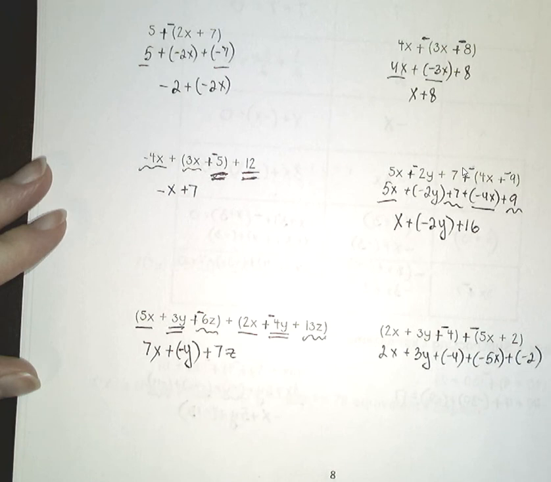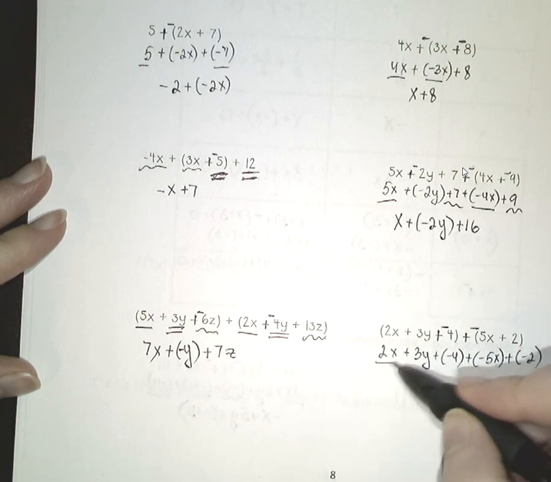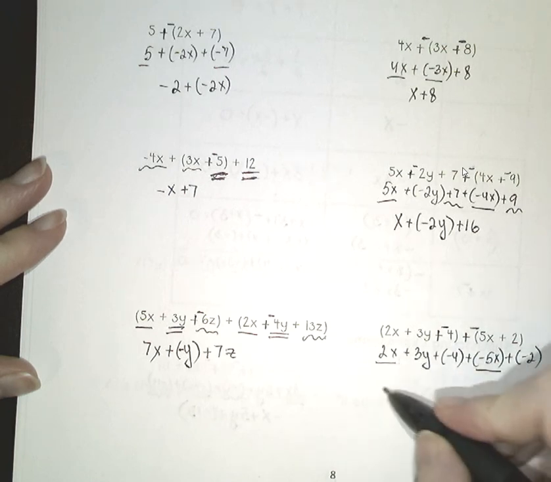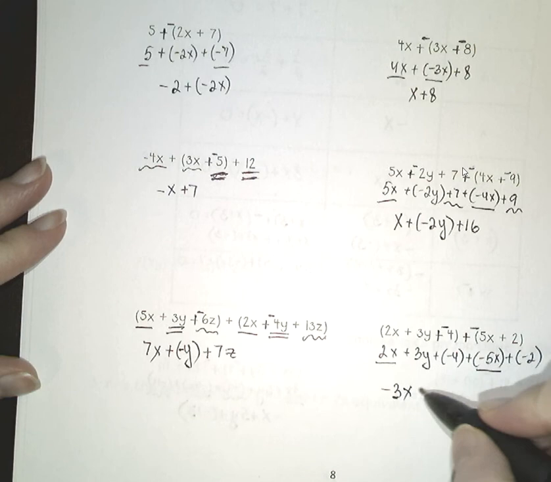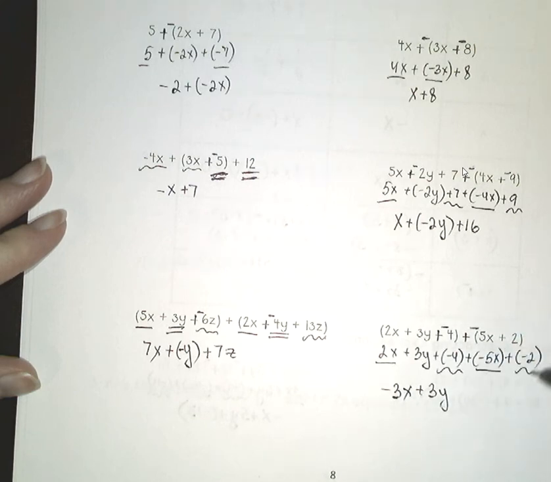Now I'm combining them together. 2x and negative 5x is negative 3x. 3y doesn't have anything. It stays as 3y. And negative 4 and negative 2 can be combined to be negative 6. So I have negative 3x plus 3y plus negative 6.